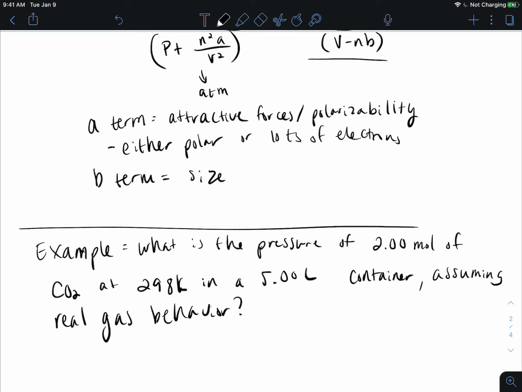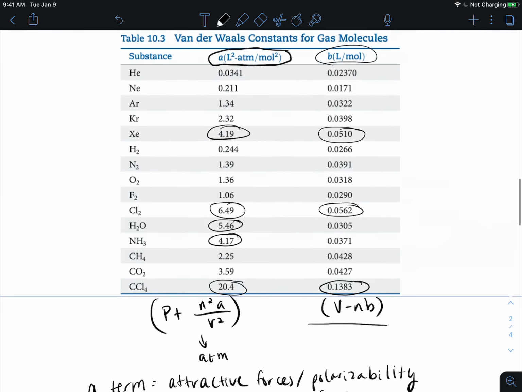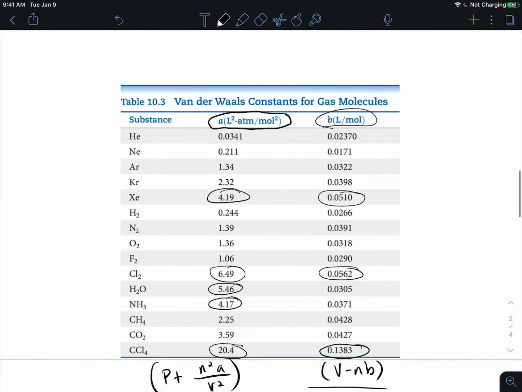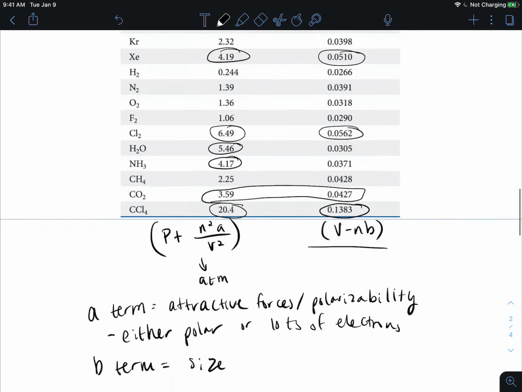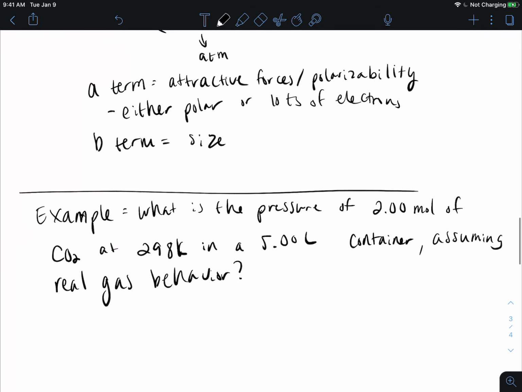So when we are doing something like this, we are going to want to look in our chart and see what our a and b terms for carbon dioxide are. So if we look up here, we see carbon dioxide right here has an a term of 3.59, and a b term of 0.0427. Okay, so we're going to put those values down.